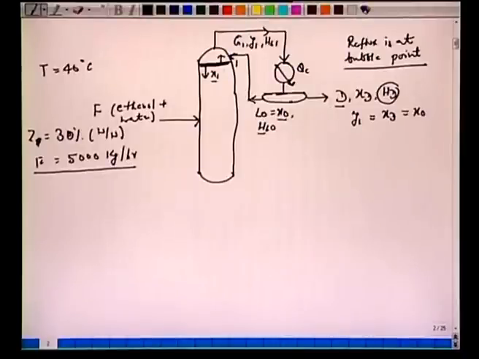So the temperature of the top stage is also different from the temperature of the condenser. In other words, even if the reflux is at the bubble point, this Y1 which arrives here is not in equilibrium with this liquid. So Y1 and X1 or X0 will not lie on the same tie line. In fact, Y1 is in equilibrium with this X1. We will talk about this and mark it. We have to be very careful with the statement here.